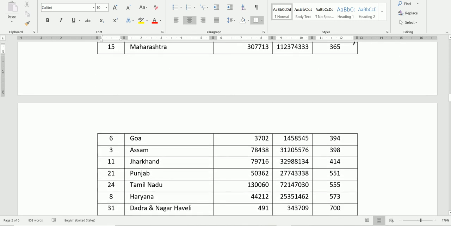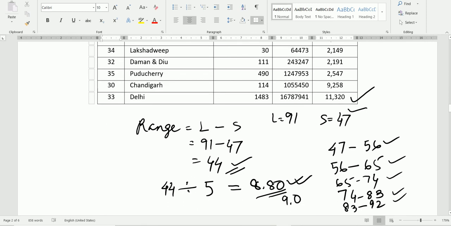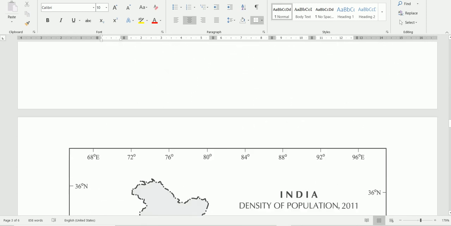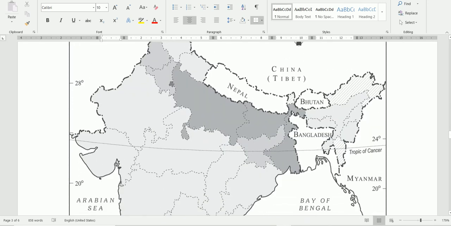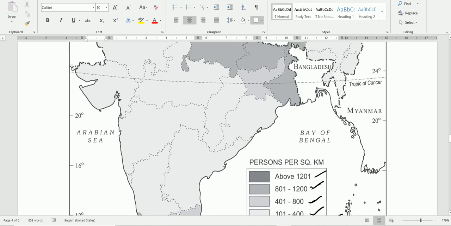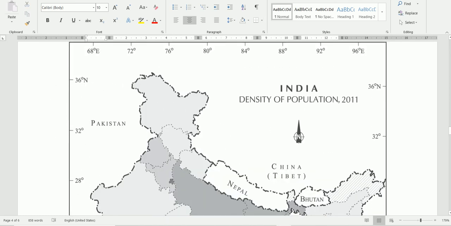So in this way, we have to group all the union territories and the states into 5 types or categories. And accordingly, after determining the pattern, we have to set it. So for less than 100, we are using this set, and accordingly we are giving the setting here.